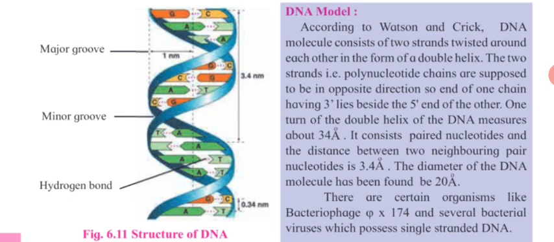On the screen you are also looking at the structure of DNA. Now concentrate on the screen. You are looking at figure 6.11 which shows the structure of DNA, in which there are 2 strands spirally arranged with each other, showing a coiled rope like structure that we call DNA.